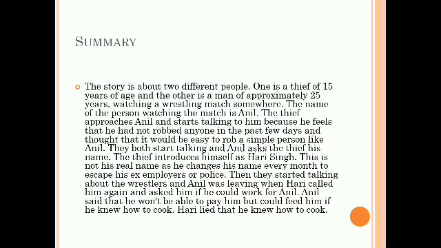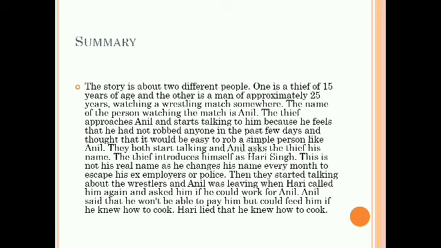Let's begin with the summary. The story is about two different people. One is a thief of 15 years of age, and the other is a man of approximately 25 years. Watching a wrestling match somewhere, the name of the person is Anil.